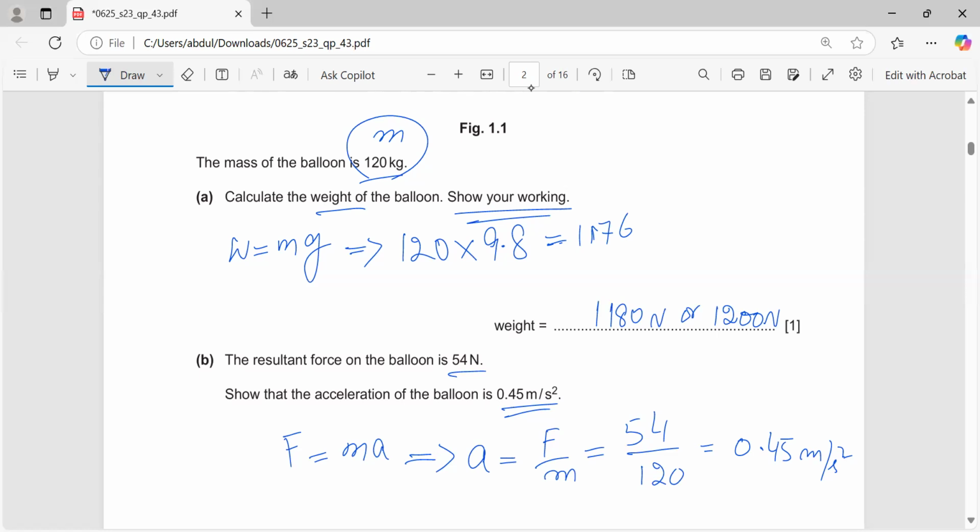Here 118 has 3 significant figures and 12 has 2. If I write 1176, these are all significant, so 4 significant figures are not allowed in our final answer. In all the questions? Yes, in all the questions. So remember it: zeros at the end we will not consider as significant in this approach. Okay, nice.